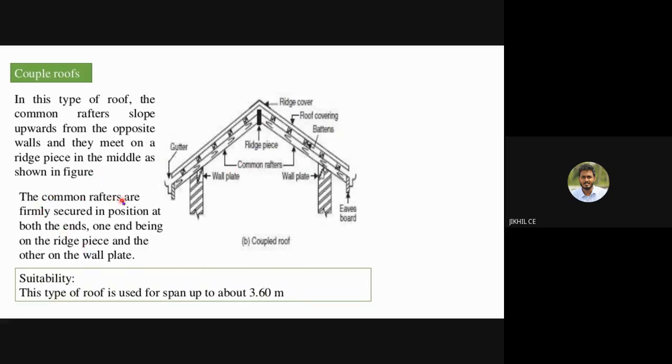The common rafters are firmly secured in position at both ends, one end bearing on the ridge piece and the other on the wall plate. They are mostly used for spans up to 3.60 meters.